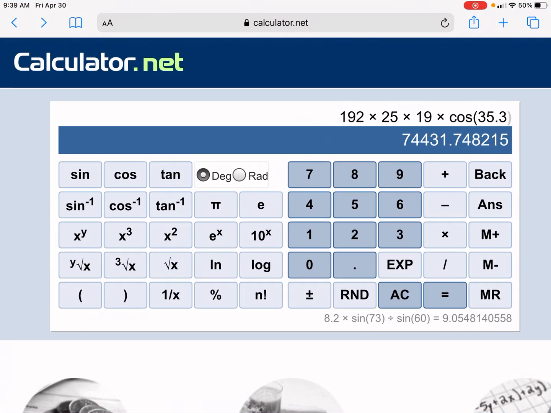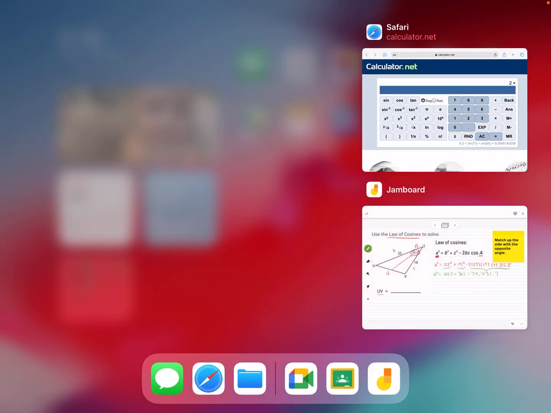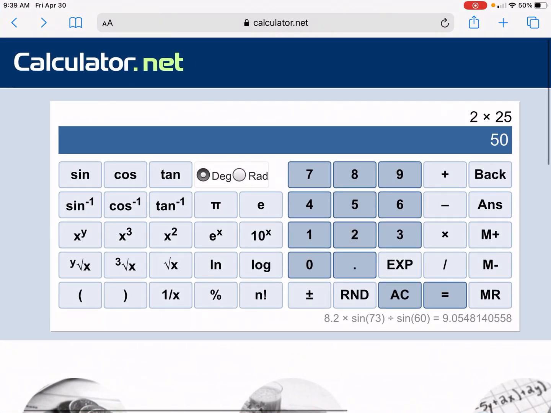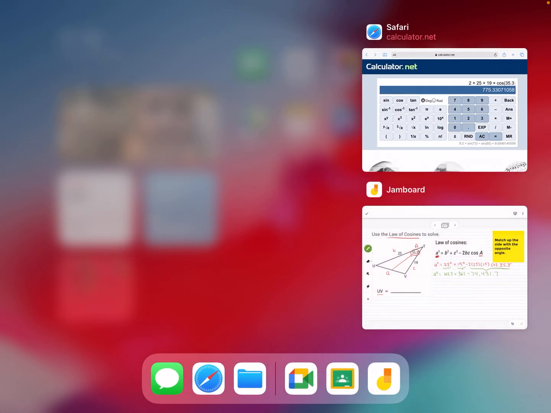I made a little mistake. Sorry, I put 19 at the front. It should have been 2. So 2 times 25 times 19 times cos 35.3 is 775.3.